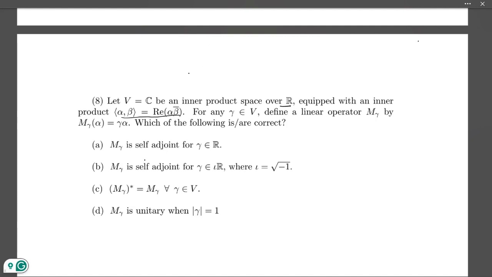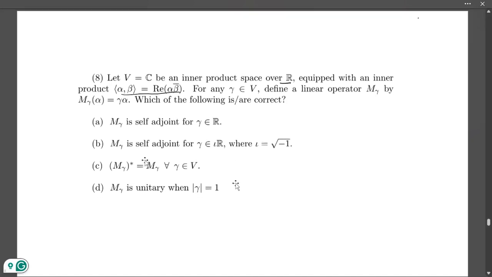Let me write it explicitly while solving this. Then M gamma be multiplication by gamma, for any complex number. So M gamma is self-adjoint for gamma belonging to the real numbers. Let's see. We want to calculate M gamma star equal to M gamma.